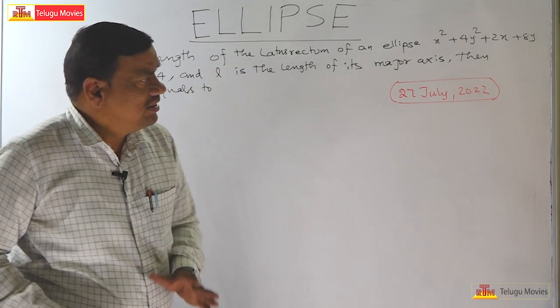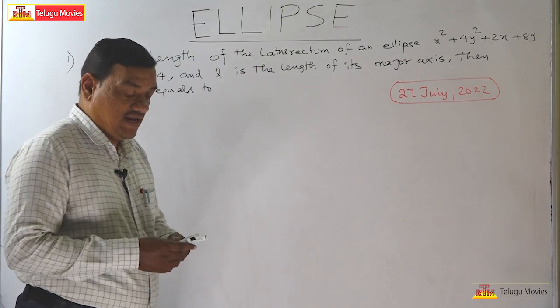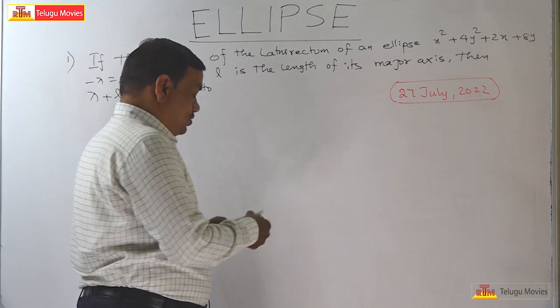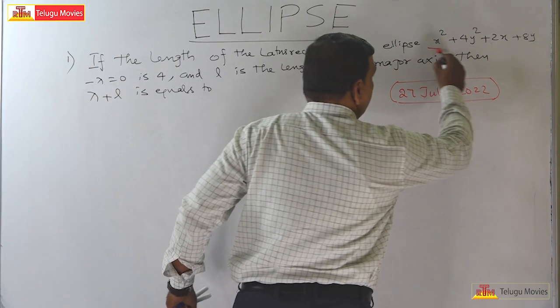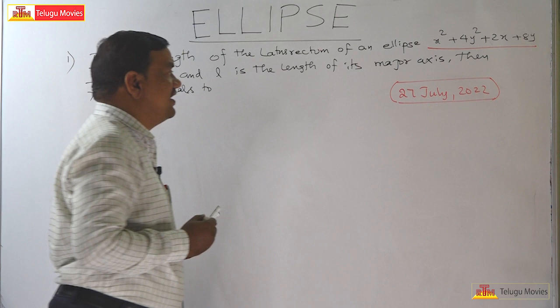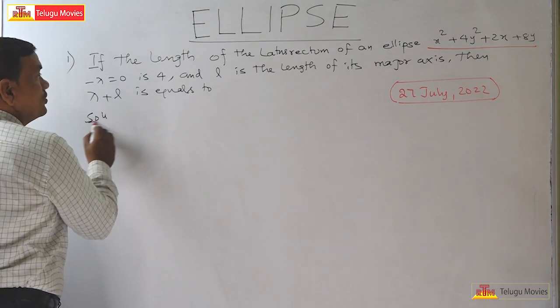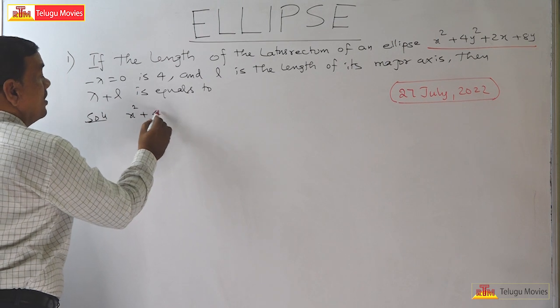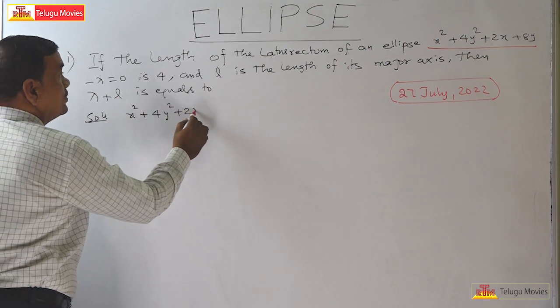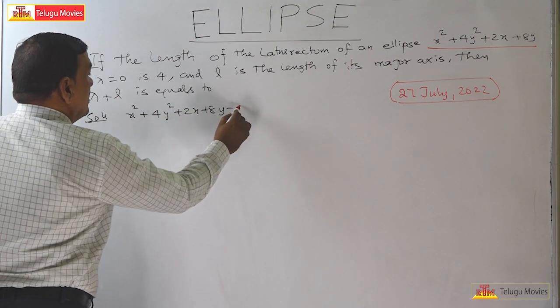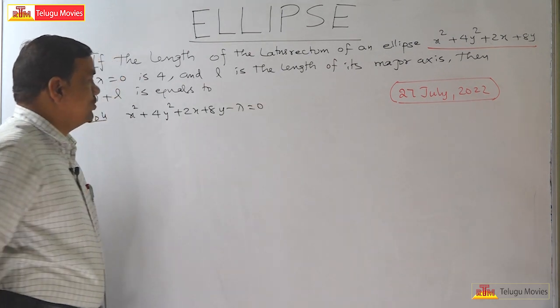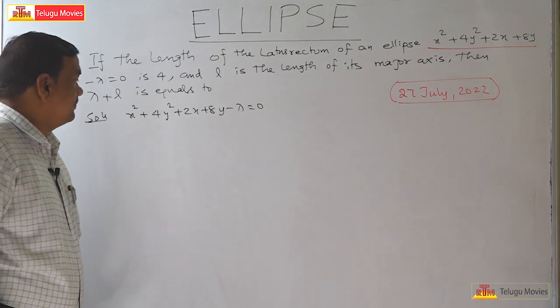On the whole, an ellipse equation is given: x square plus 4y square plus 2x plus 8y minus lambda is equal to 0. Here lambda is not given.